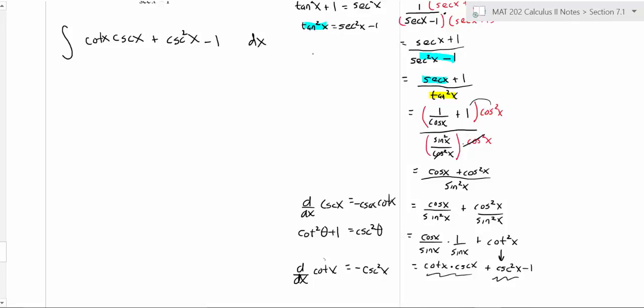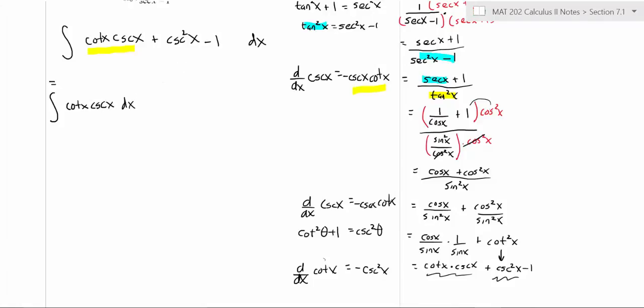Okay, and the key thing I want to write on here is, again, we know the derivative of the cosecant of x is equal to negative cosecant x cotangent x. Notice this matches almost with that. It's off by a negative, but we can deal with that. So I'm going to break this up into several integrals: the integral of cotangent x cosecant x dx.